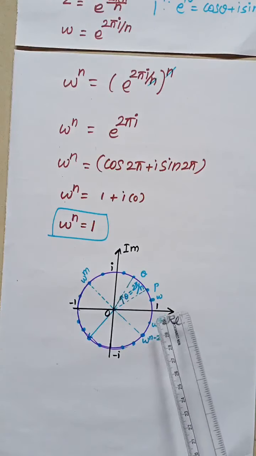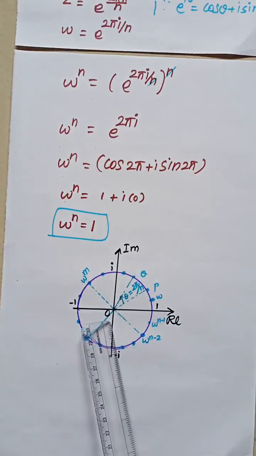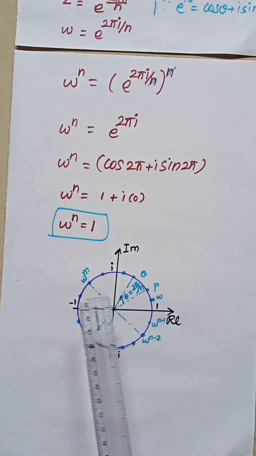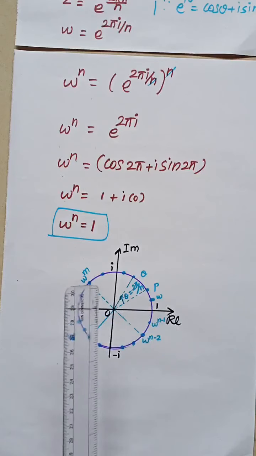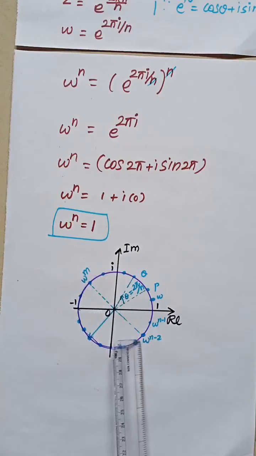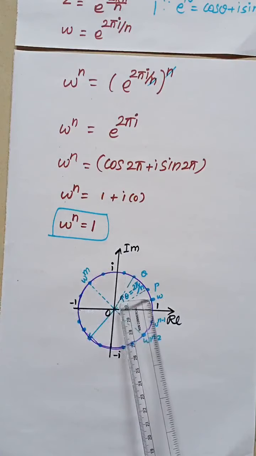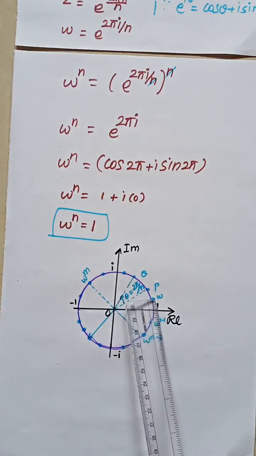See the diagram. It is the real axis, and this is the imaginary axis. That is the origin. 1, and in the opposite direction minus 1. Here plus i, and in the opposite direction minus i. Consider these points. Here take it as omega.